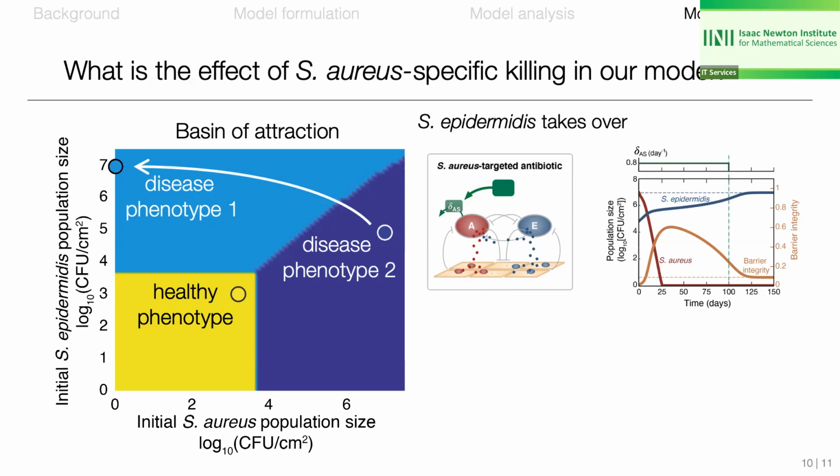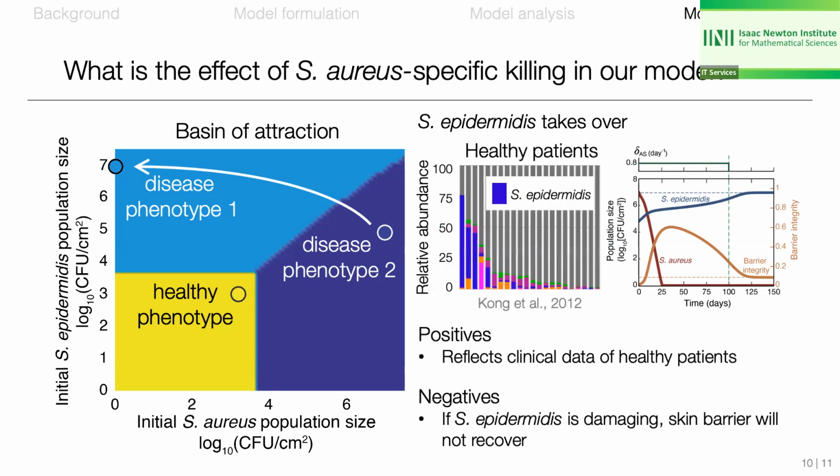But if the patient is colonized by a strain that isn't pathogenic or doesn't produce these virulence factors that cause skin barrier damage, then it's actually pretty representative of what we would see in healthy patients, where you tend to see an abundance of S. epidermidis, but no S. aureus.